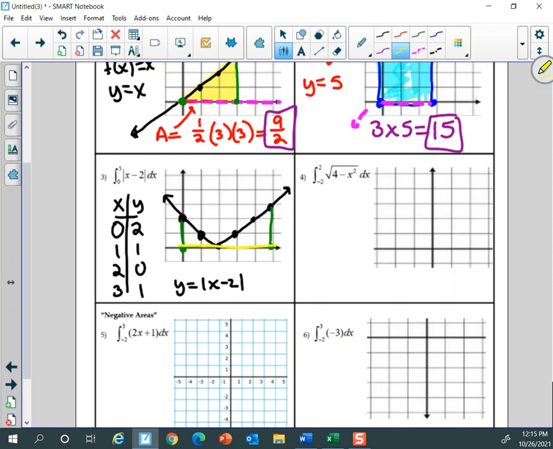So in this case, I've got 2 separate triangles to calculate the area. 1/2 times 2 times 2 for that one. This one, 1/2 times 3 times 3. So total area, 2 for the little triangle, 9/2 for the bigger triangle, so 13/2.